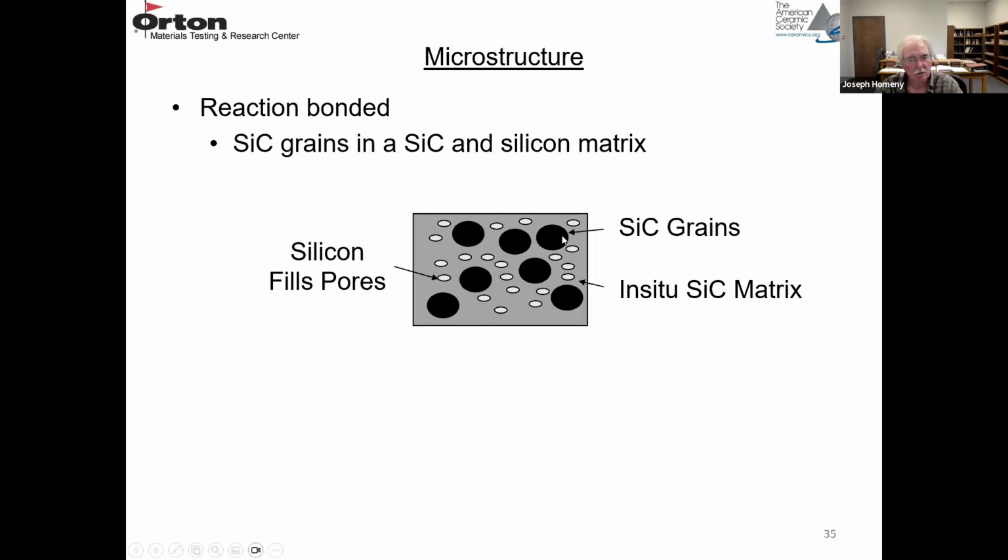I'm sorry, you start out with the silicon carbide grains and a carbon matrix. You infiltrate the carbon matrix with silicon, and you have an in situ silicon carbide matrix, which is the gray region. But it's not really a complete process. You have these small white circles that are residual silicon metal. So you end up with coarser silicon carbide grains and a silicon carbide matrix and some residual silicon metal.